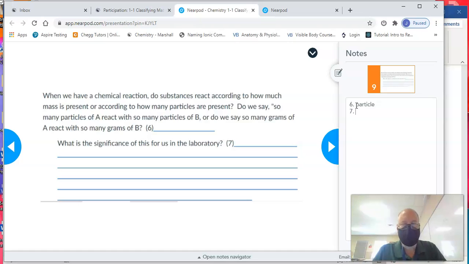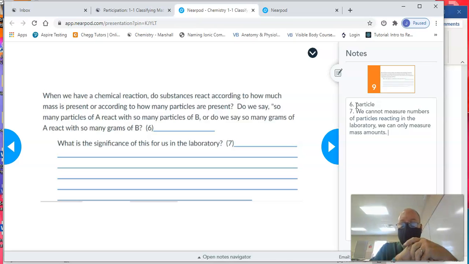The reason that this is really significant in the laboratory is we cannot measure numbers of particles reacting in the laboratory. We can only measure mass amounts. If I'm asking how much of something is present, I can ask how many particles are present, or I can ask how many grams are present.